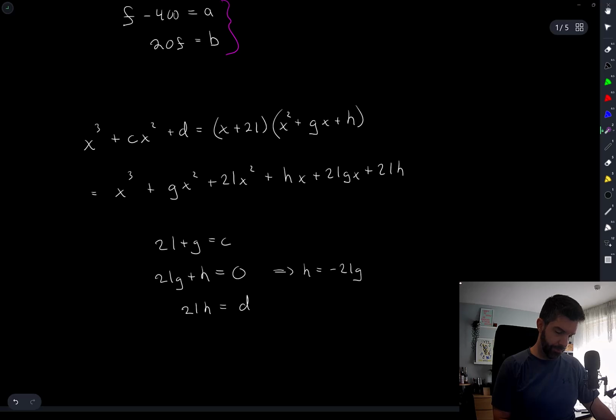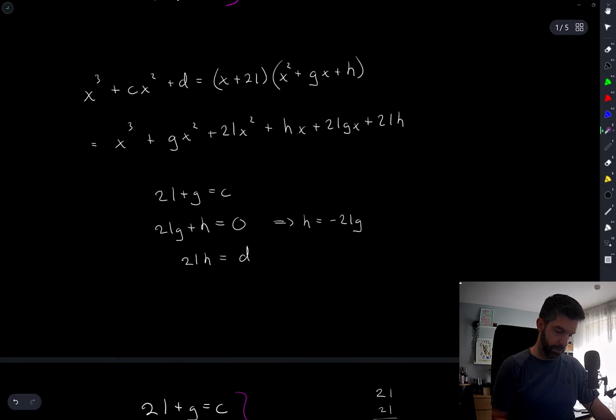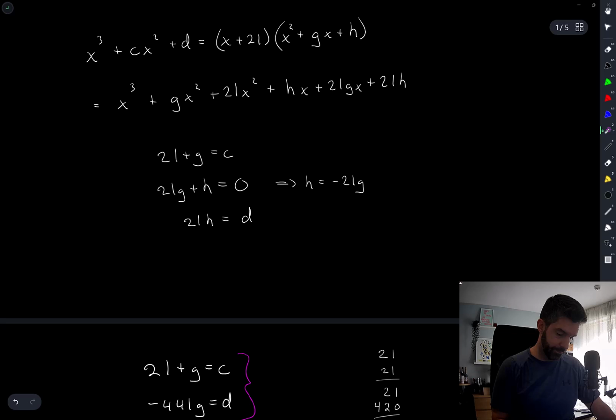X cubed, gx squared, 21x squared, hx, 21gx, 21h. Okay, g plus 21 is c. Yep. H plus 21g is 0. 21h is d. So we get h is equal to negative 21g.